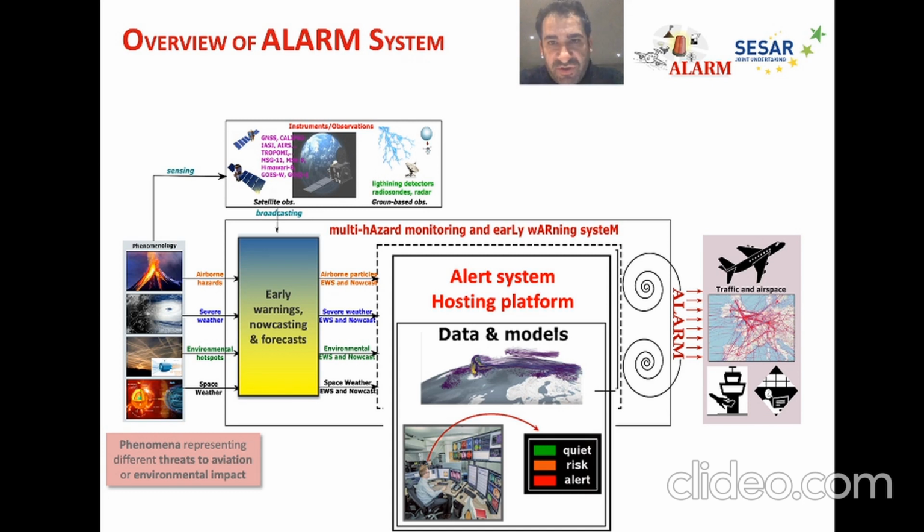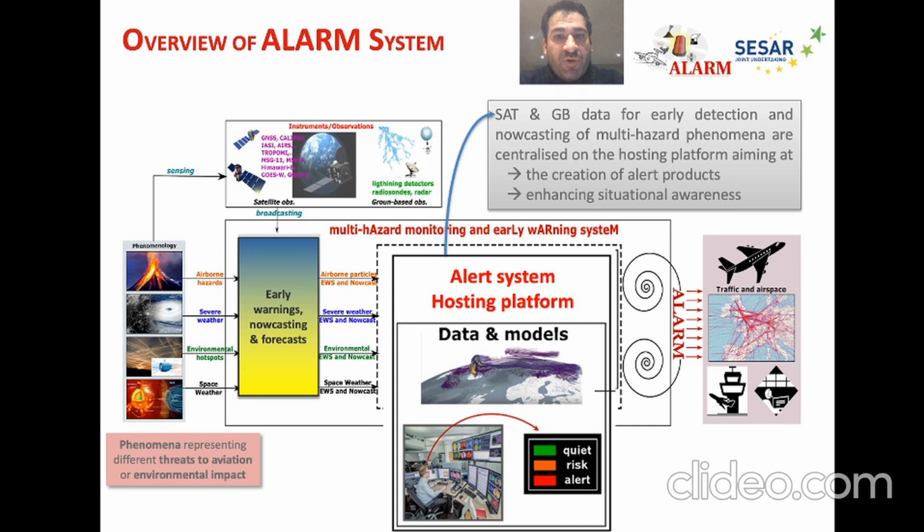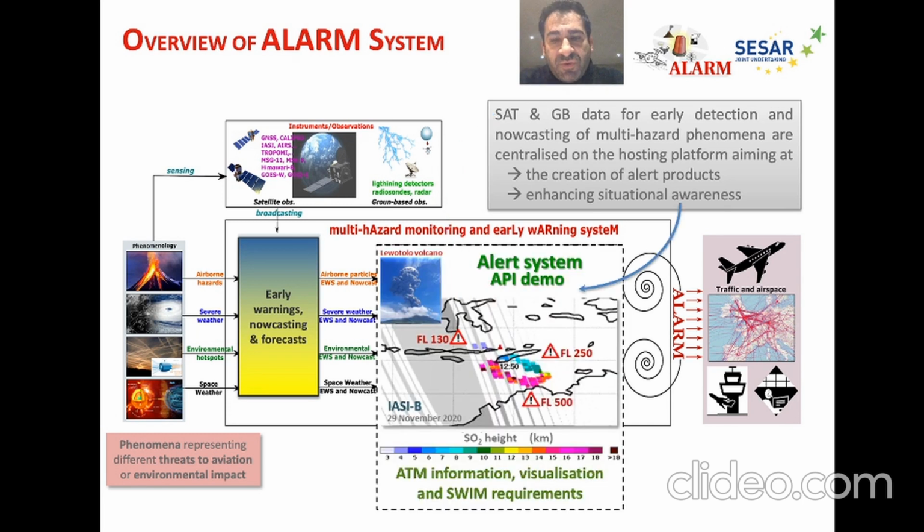All the information is being hosted by the alert system hosting platform, and the idea then is to tailor information and develop an API in a way that information can be digested and visualized by stakeholders and be useful for aviation stakeholders in decision making when facing these hazards.